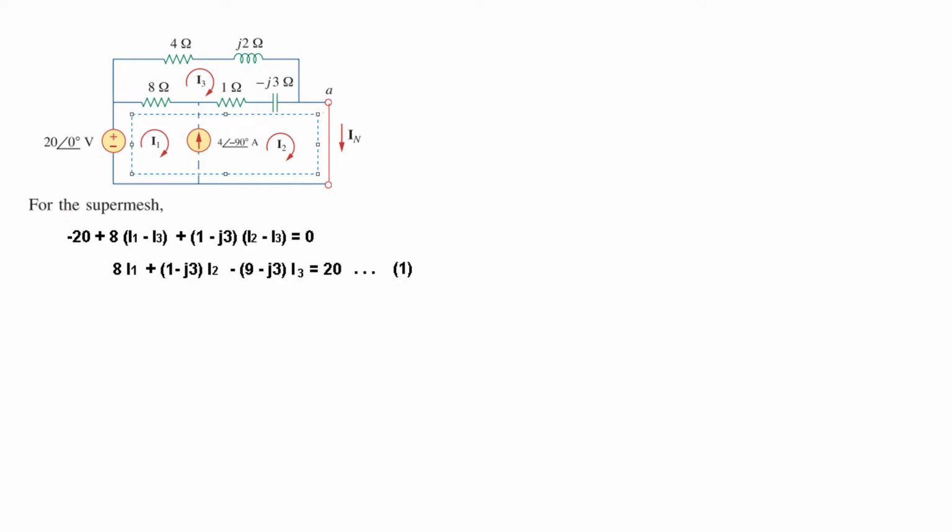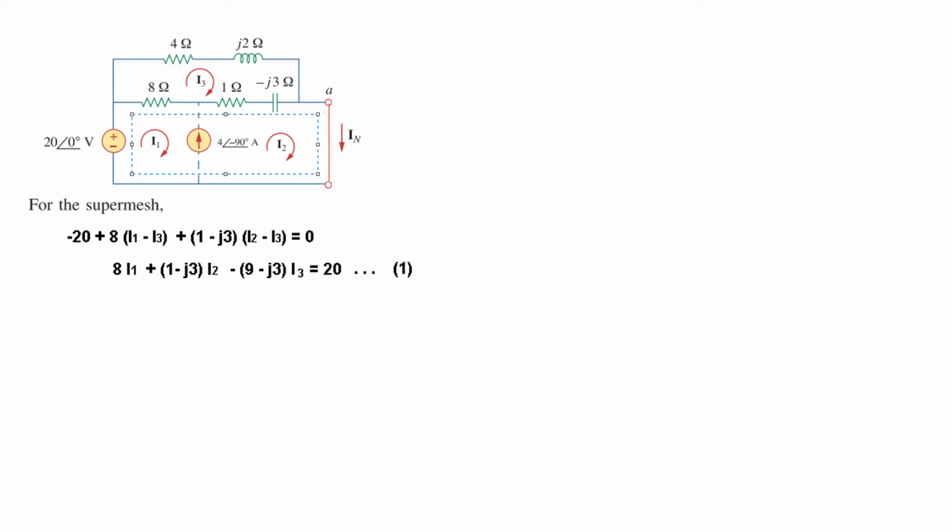For the supermesh, we start from here: minus 20, then 8(I1 minus I3). Then we come here, because we have as if disconnected the current source, so we follow this loop for the supermesh.